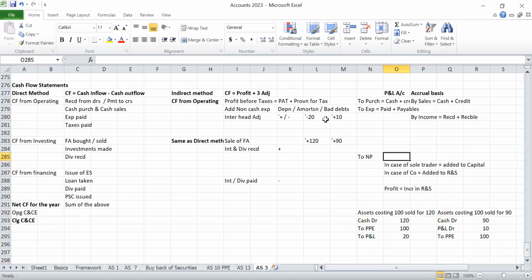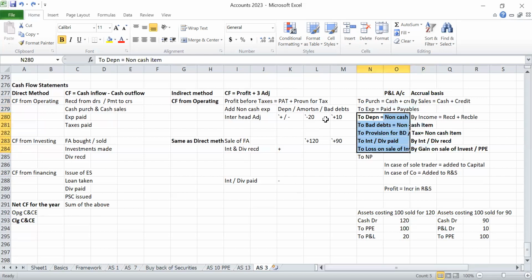Now what is pending? Purchases by sales, expenses by income. Here the effect of credit, payable or receivable, that only I should adjust. Okay, so every adjustment has been carried out.